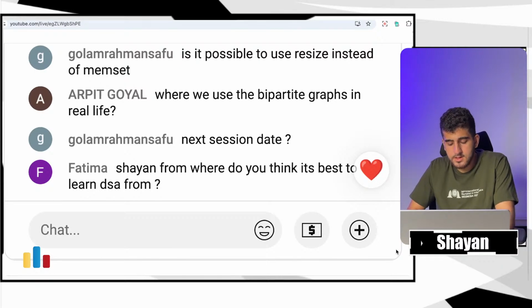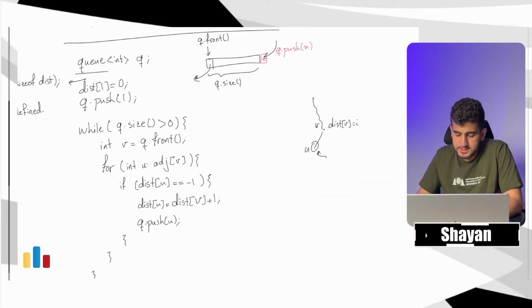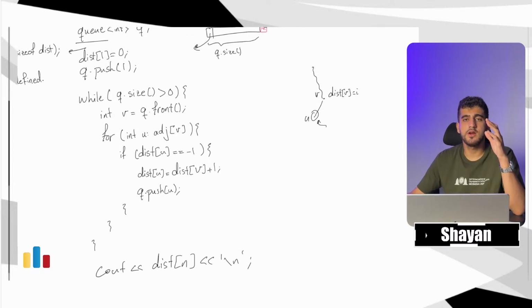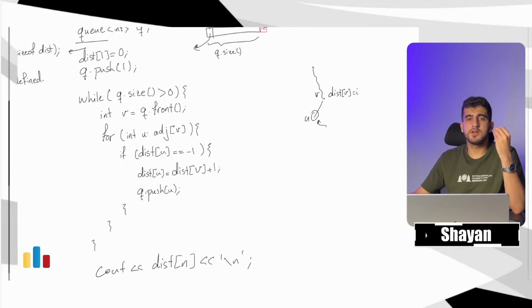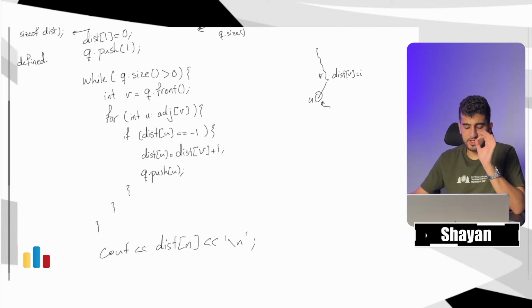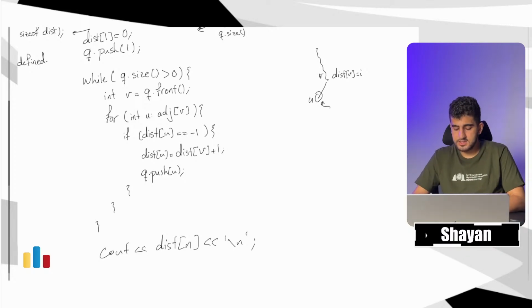So the main idea here was that we start with our queue. Initially we put only vertex 1 in our queue and set the distance of 1 to 0. Then, while Q.size is greater than 0, we consider Q.front, and for every u adjacent to v, if the distance of u was -1, we set its distance to be the distance of v plus 1, and then we do Q.push u.